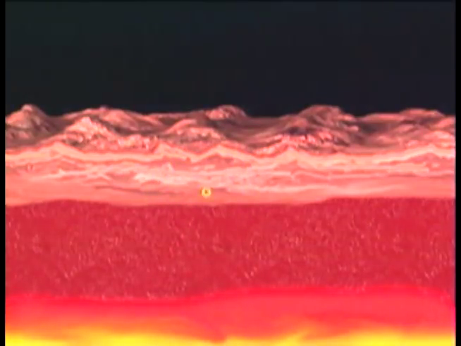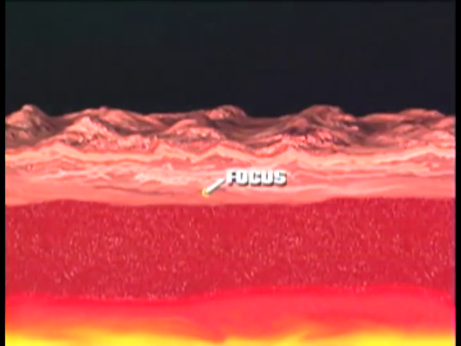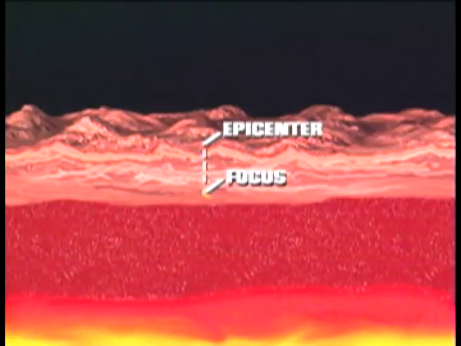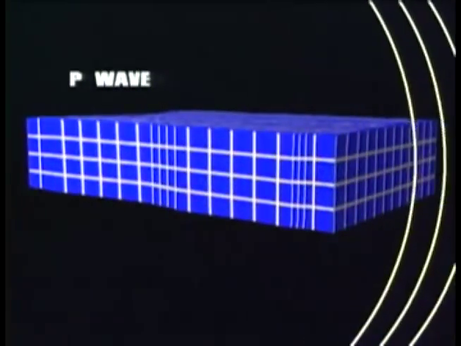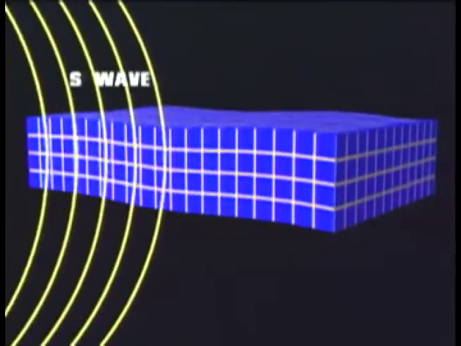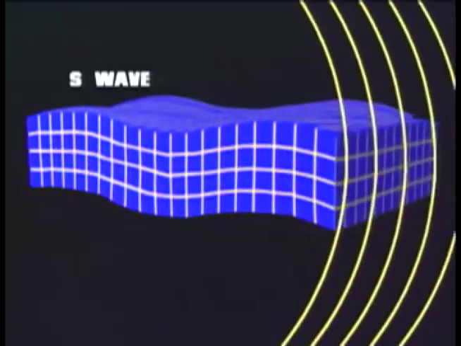The place where a fault slips is called the earthquake's focus, and the Earth's surface directly above the focus is called the epicenter. We've seen that the first wave to reach the surface is called a P wave, and the second wave is called an S wave.